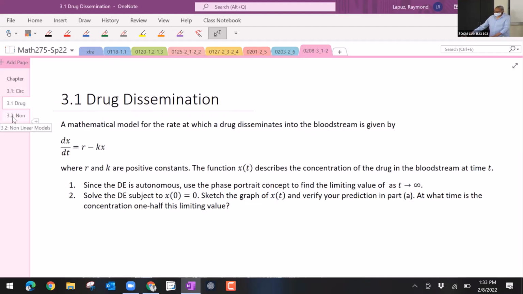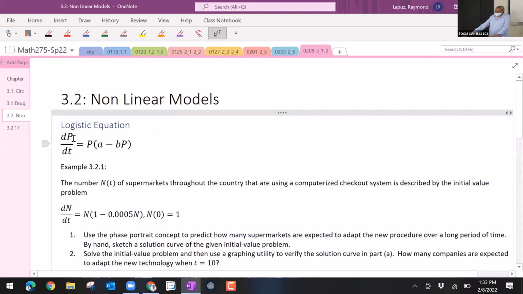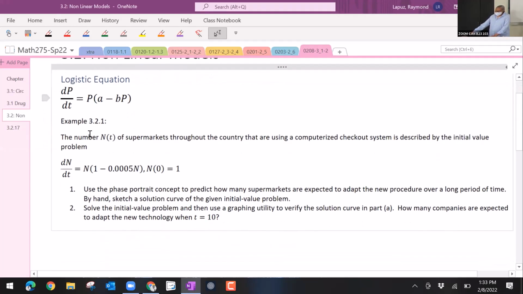I think we do have some time, but I want to get to 3.2, the nonlinear models first. And so let's do the 2 examples I have for nonlinear models, and if we have time, we'll come back and do the drugs.